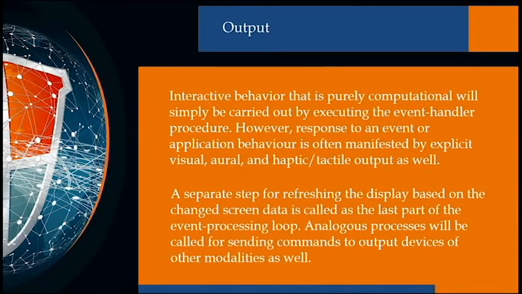So a separate step for refreshing the display based on the changed screen data is called as the last part of the event processing loop. Analogous processes would be called for sending commands to output devices of other modality as well. So an output is basically explicit visual, oral, and haptic tactile output.